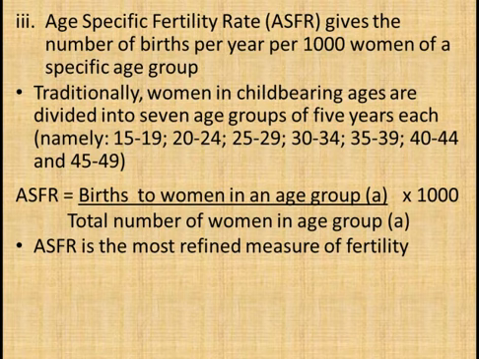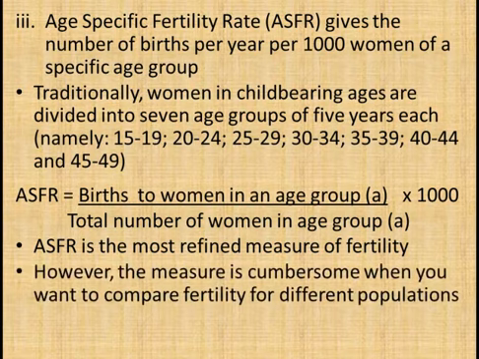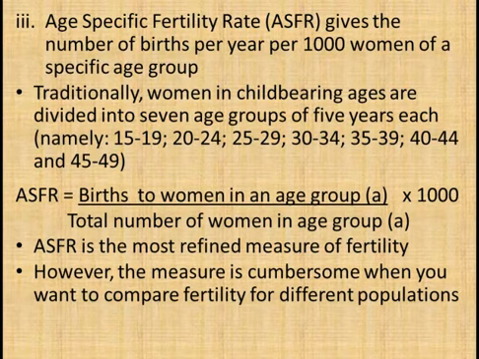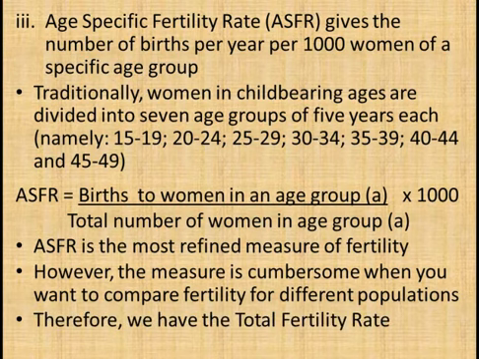Age-specific fertility rate is the most refined measure of fertility. However, the measure is cumbersome when you want to compare fertility for different populations. Therefore, we have another measure known as the total fertility rate, which overcomes this weakness of being cumbersome.